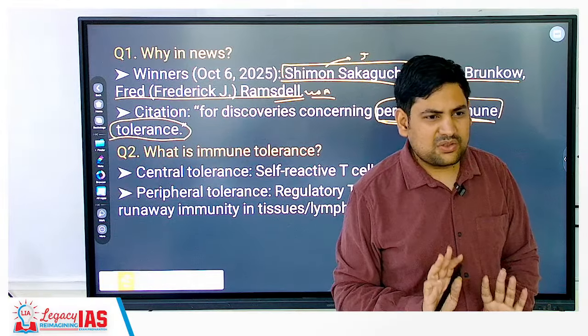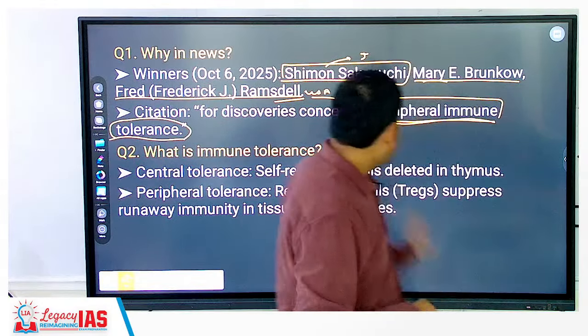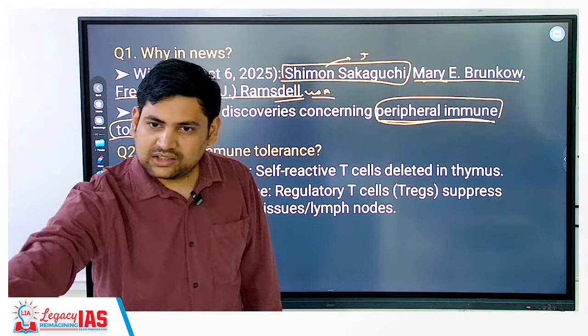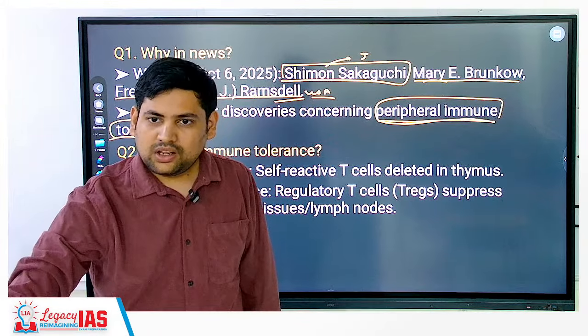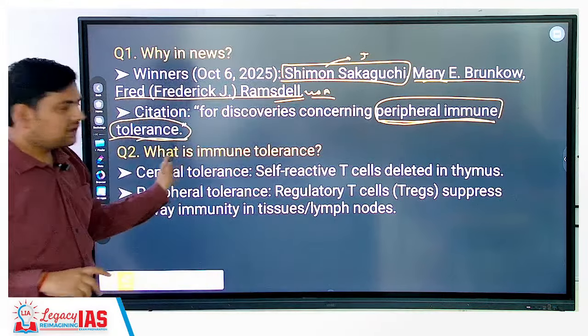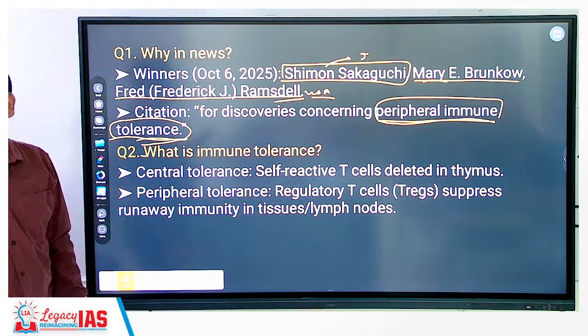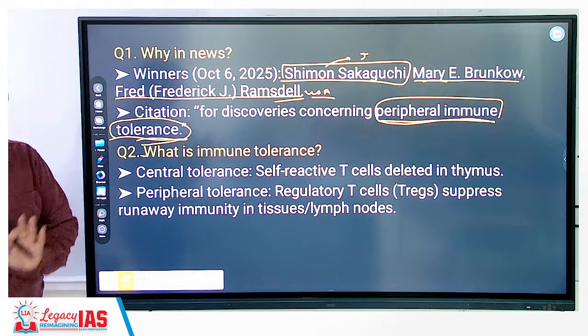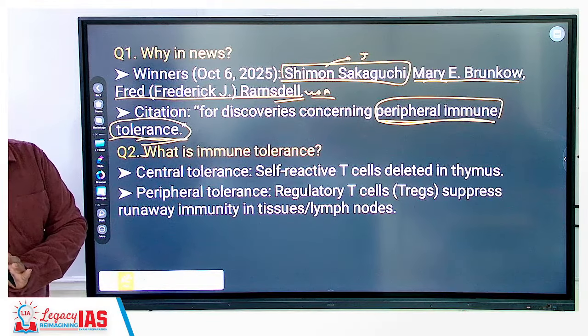That much only you have to understand. What is immune tolerance? Usually T cells attack anything that comes from outside or is not proper. This reduces that. So it is increasing the tolerance towards your own normal cells, trying to protect them.